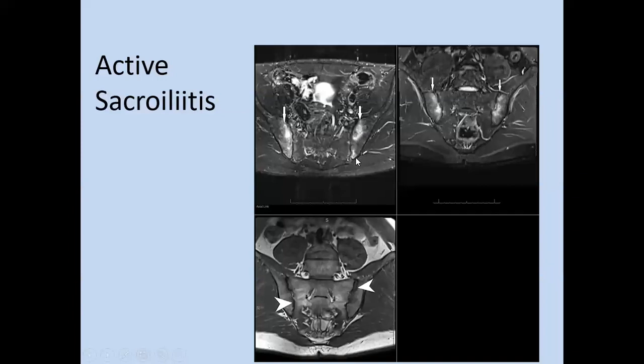We see multiple areas of osteitis and edema on one image. So that would meet the criteria for active disease. And again, here, the same thing. When you look at this patient, 100% meets the criteria for active sacroiliitis. So this is a typical example of active disease.